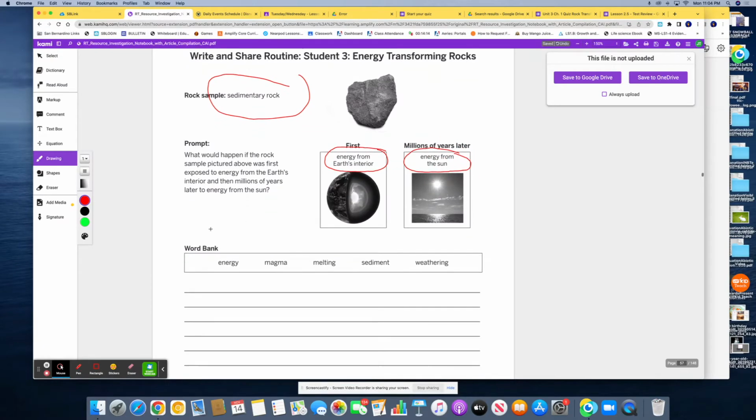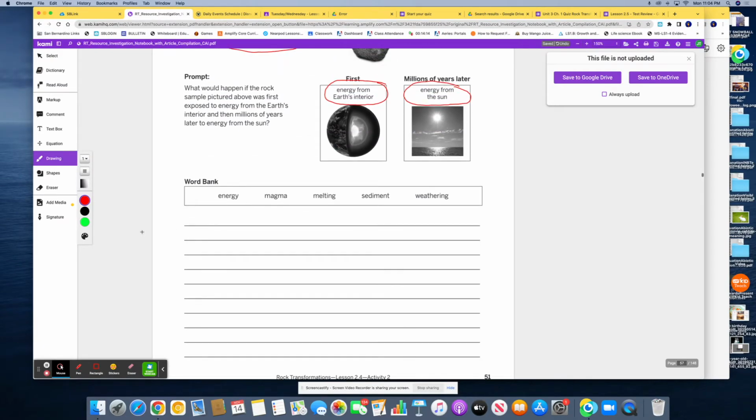Okay, so let's type out, and again, now we're on page 51. So let's use the word bank to type out what would happen if first the rock was exposed to energy from Earth's interior, and then we exposed it to energy from the sun. What would happen?